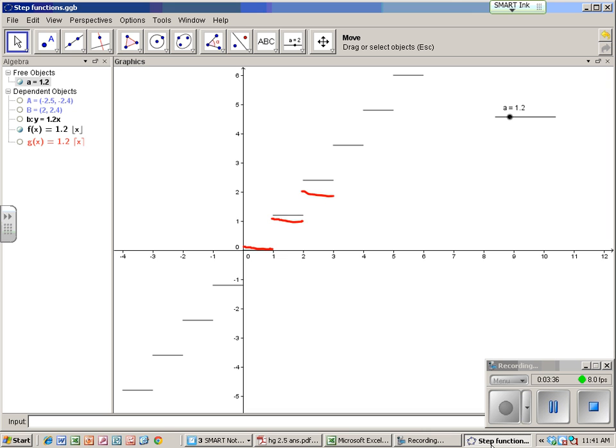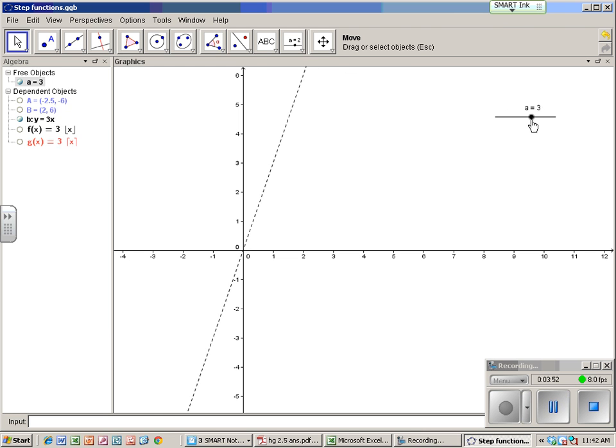So let me get rid of this red stuff here. Okay, I want this. So I just got this dashed line here. I can change the slope of it, but what I mean by get rid of the step integer function notation, just look at it as a basic line. If you do that, graphing these step functions becomes very easy.